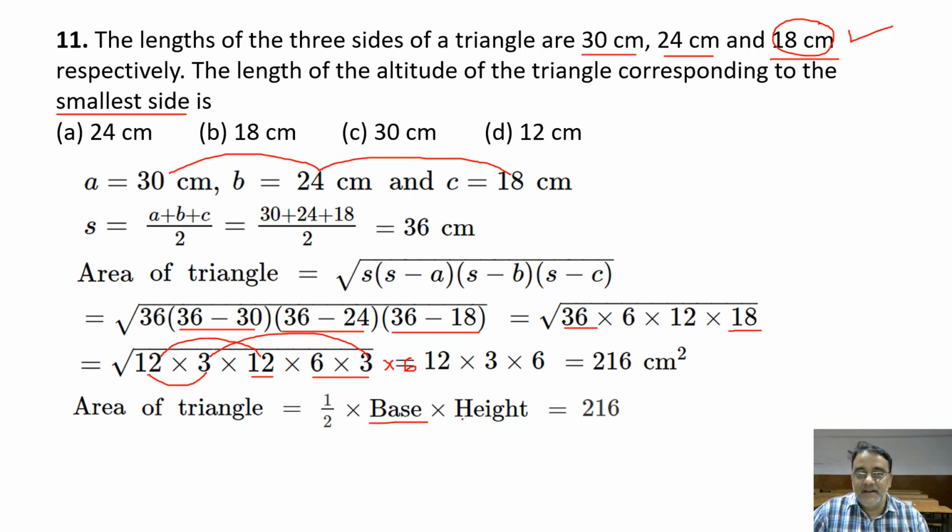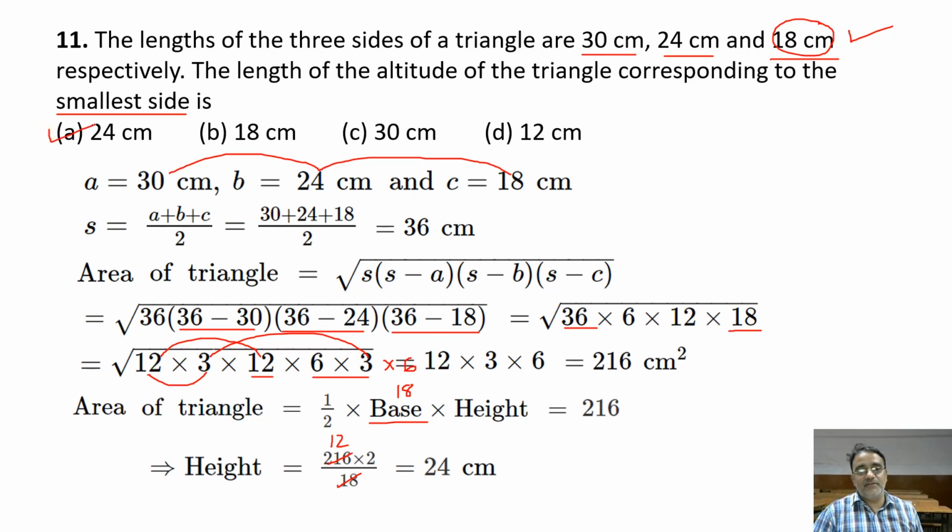So height will be 216 into 2 upon 18, right? And this 216 cancels with 18, we are getting 12, so 12 into 2 is 24, and the correct option is option A, that is 24, right?